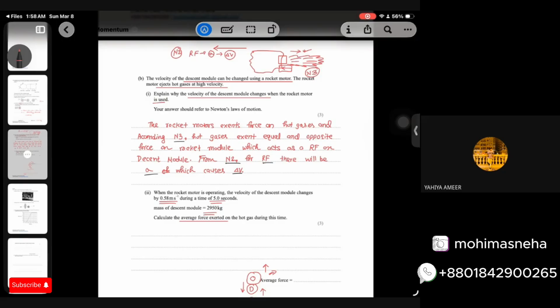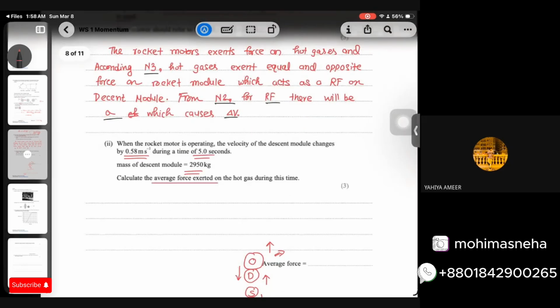342 newtons. 342 newtons, right. How did you calculate that? I found the force, I mean the momentum. Okay, and then divided by time, you got your force, right? Or you could have easily used an easier process, m delta v over t, right?